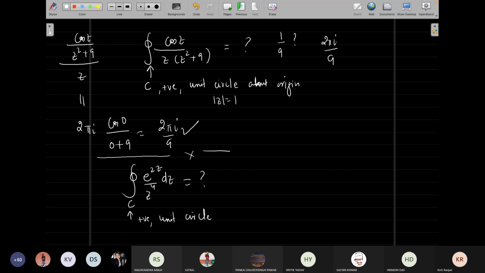Okay. What to do? 0. How did you get 0? Sir, the denominator would be z minus 0 whole power 4, right?